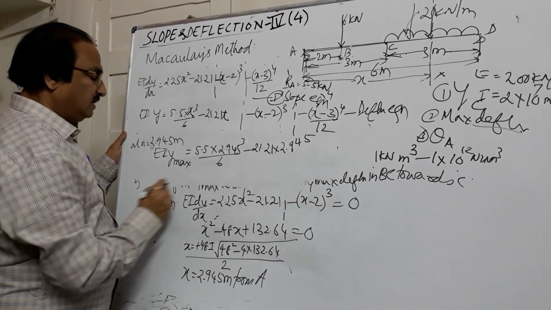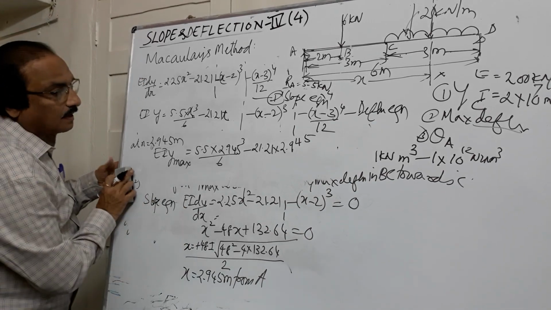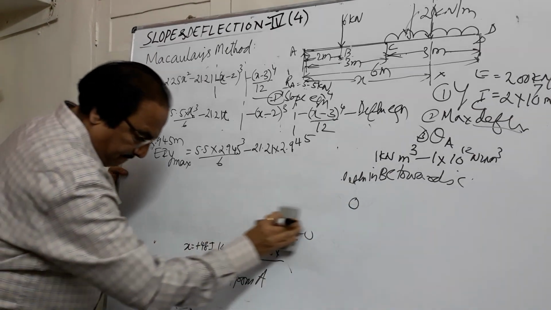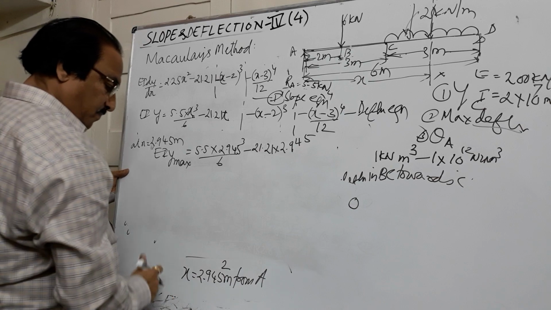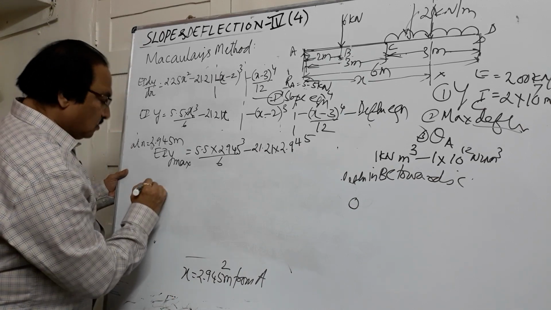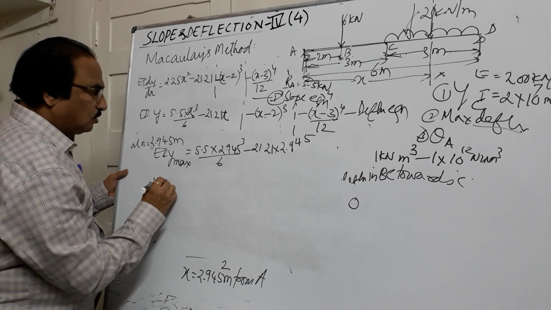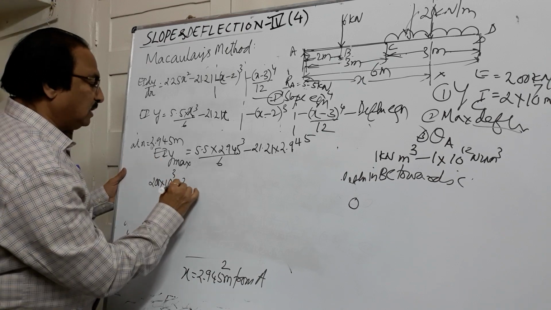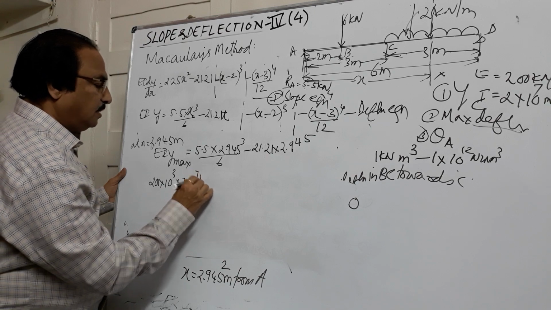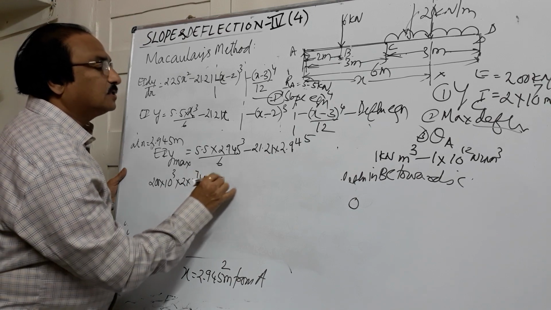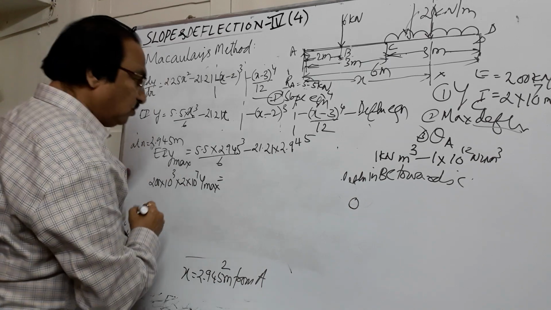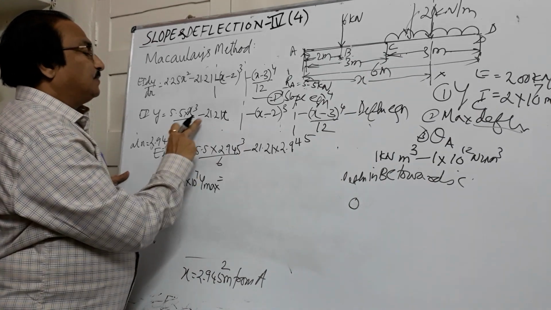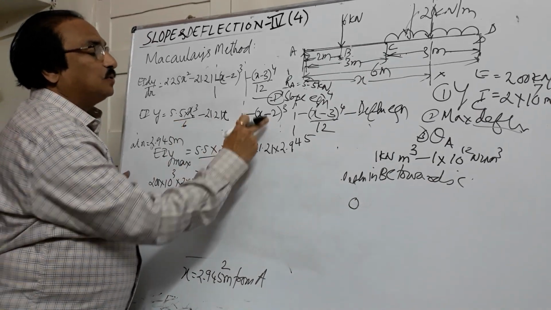So if you simplify this, you get, E is 200 into 10 to the power of 3, value of I is 2 into 10 to the power of 7, into y max is equal to, if you simplify this value by substituting 2.945. Now see here, I have substituted x here, I have substituted x here.